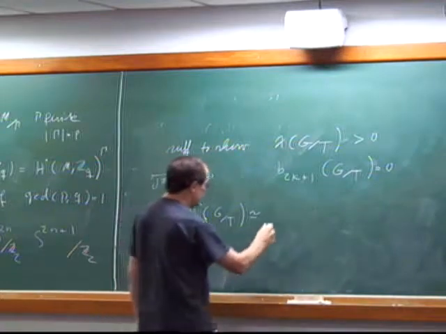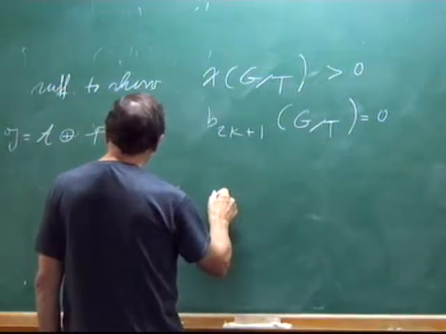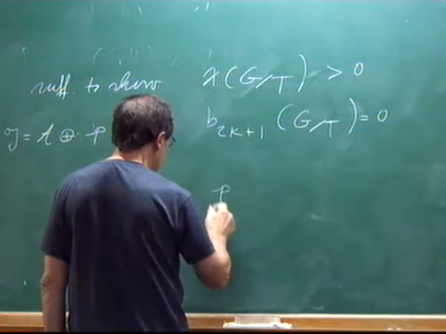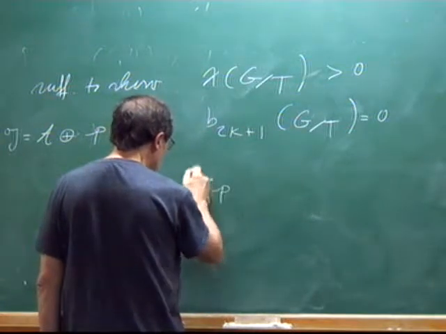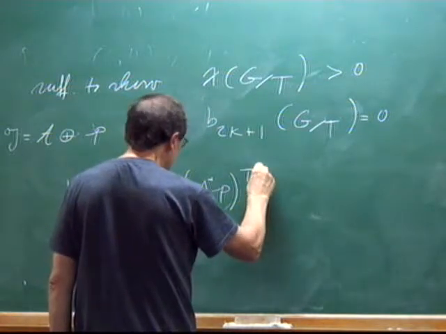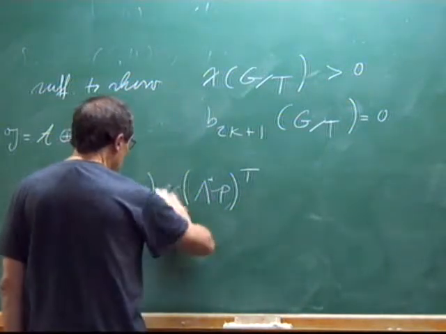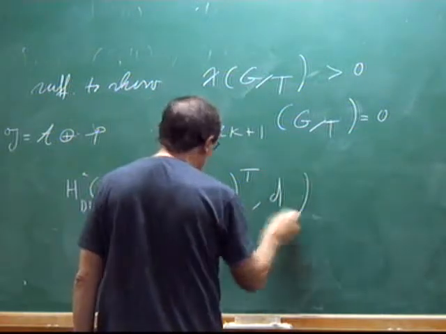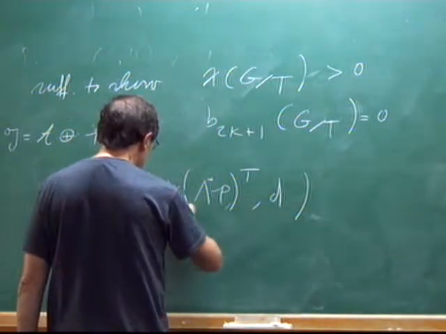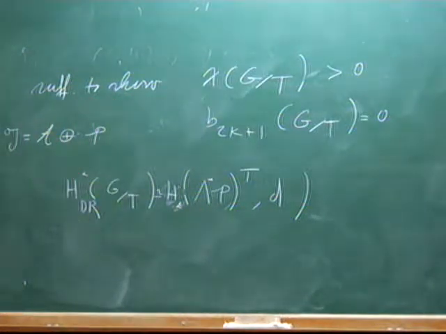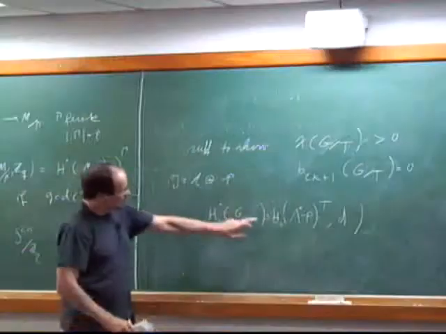I can identify this with the forms on p which are invariant under the maximal torus T. And then I look at the homology of that with the differential we discussed earlier. It's a homogeneous space, so I just pull back to the tangent space. I look at that vector space.